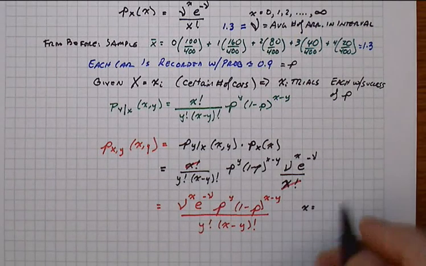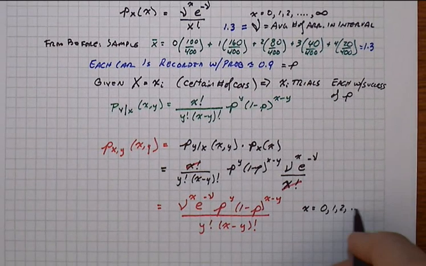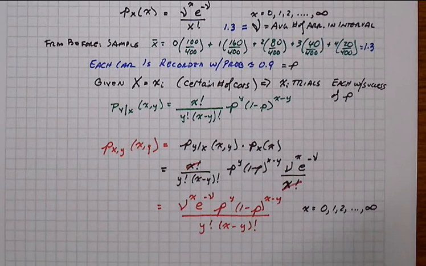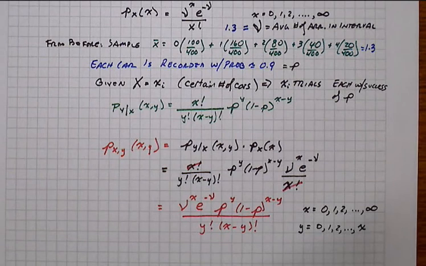And x is a counting integer from 0 to infinity. And in this specific case, the way we develop this, then y is also from 0, counting integer, but it only goes up to x. That in this particular model, we didn't have any random counts that were not real. Now, if we wanted to include that, we could broaden this model to do so.